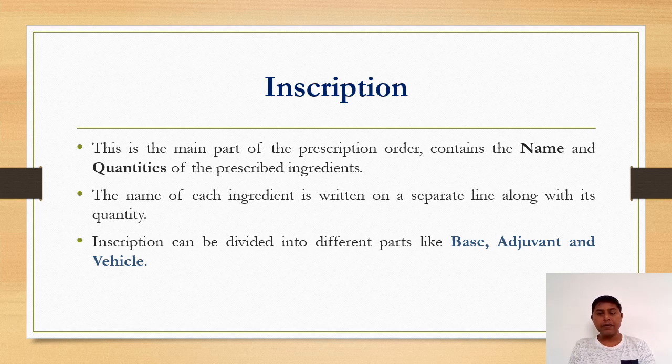In the typical example of a Latin prescription we just saw, the inscription can be divided into different parts like base, adjuvants and vehicle. Base is the active medication present in the formulation. Adjuvants are added to improve the safety, efficacy and palatability of the formulation, and vehicles are added to dissolve or disperse the contents.